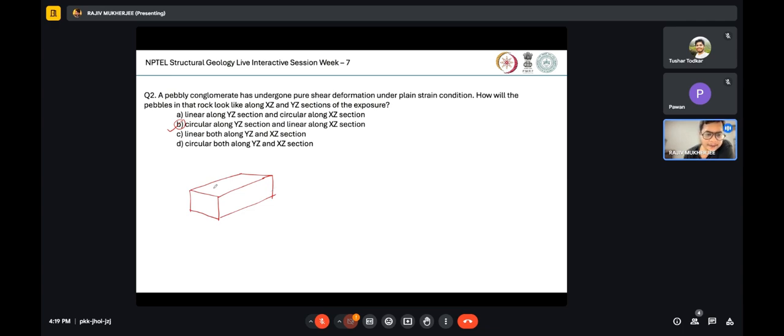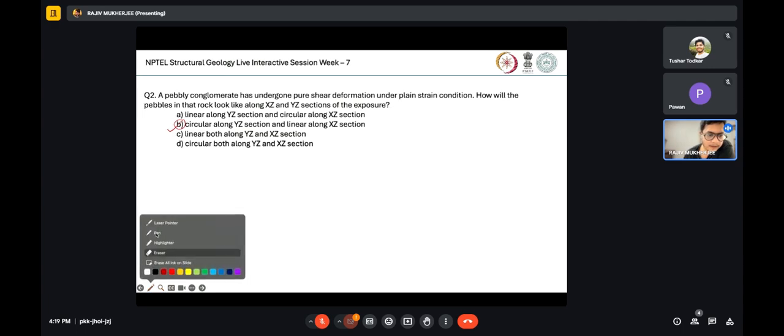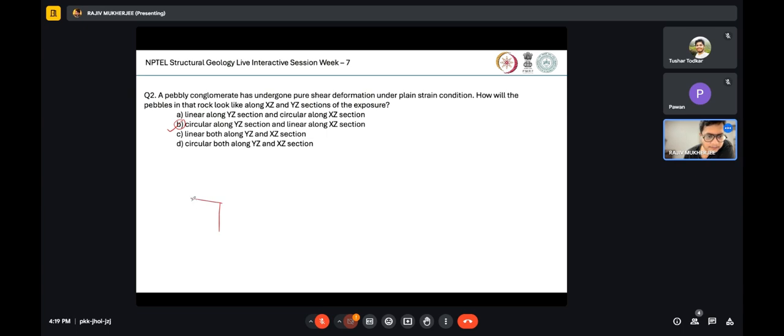So say for example, this is your initial sample, which is a cube.